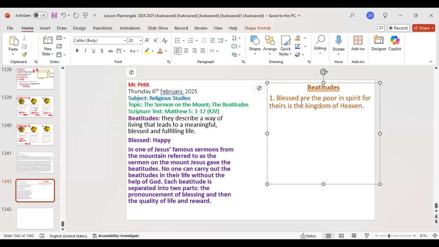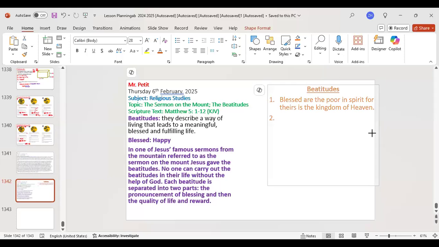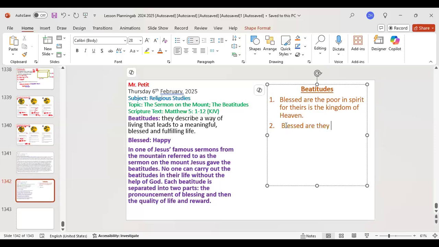All right, that's the first Beatitude. Second Beatitude is blessed, or happy, are they that mourn, for they shall be comforted.